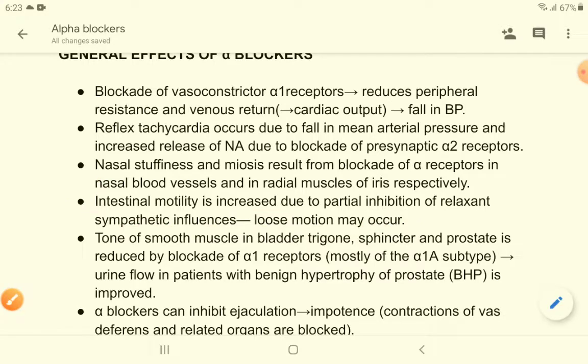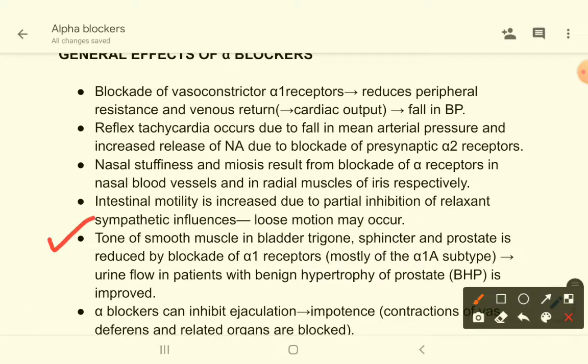Then you can see that the tone of smooth muscle in the bladder trigone, sphincter and prostate is reduced by blockage of alpha 1 receptors. Increased smooth muscle tone in the bladder, trigone, sphincter and prostate is a function of alpha 1 receptor.